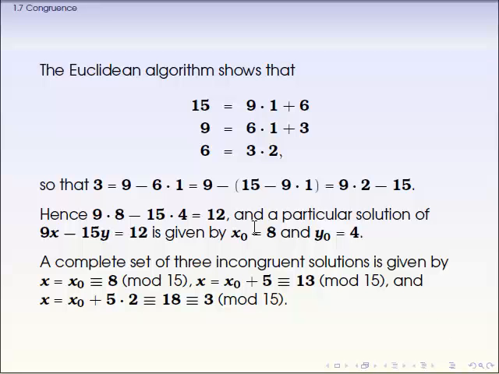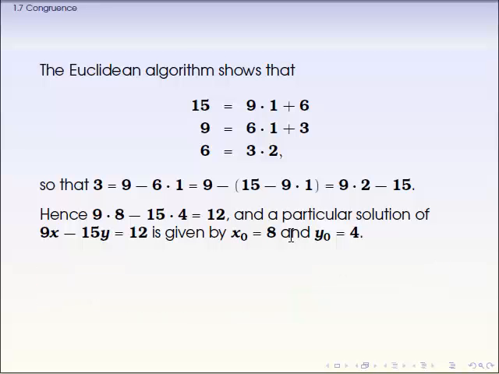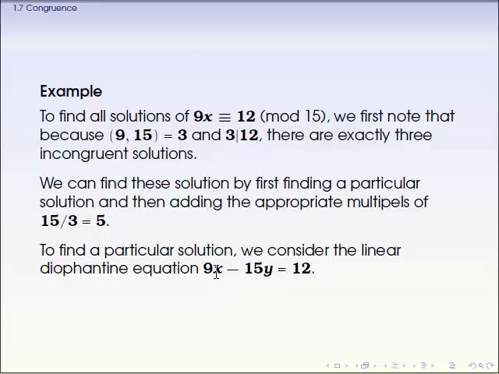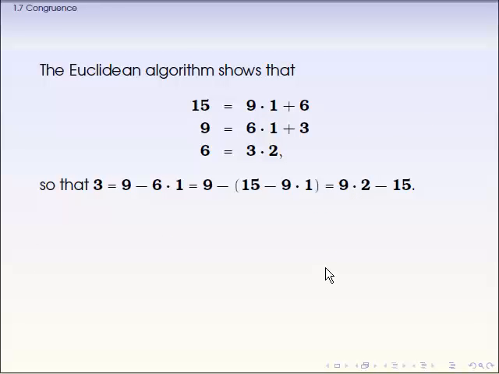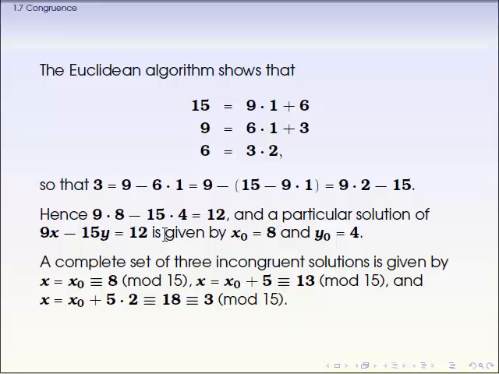Then the complete solution: x is our number. y is just necessary, but x is what you are looking for. After you have 8 as the first one, please keep in mind that 8 is not the only integer satisfying this. Of course there are many solutions, but x should be congruent to 8 modulo 15.